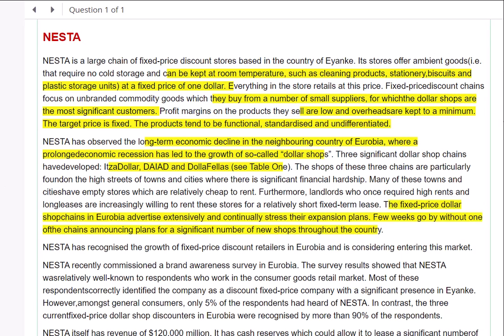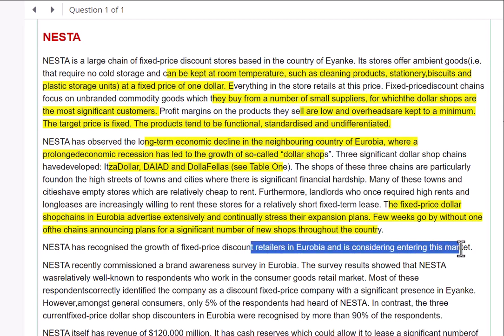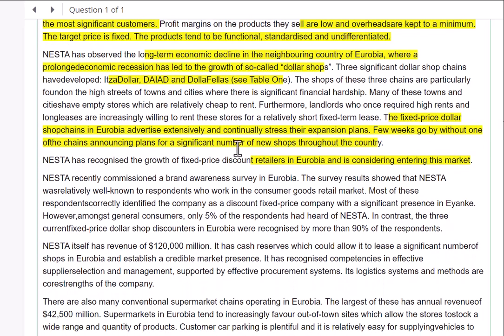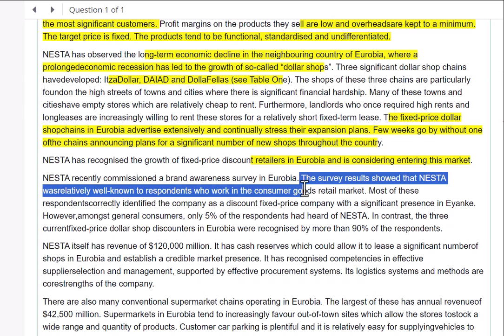Nesta has recently recognized the growth of fixed price discount retailers in E and is considering entering this market. Nesta has recently commissioned a brand awareness survey in E. The survey results show that Nesta was relatively well known to the respondents who work in the consumer goods retail market.